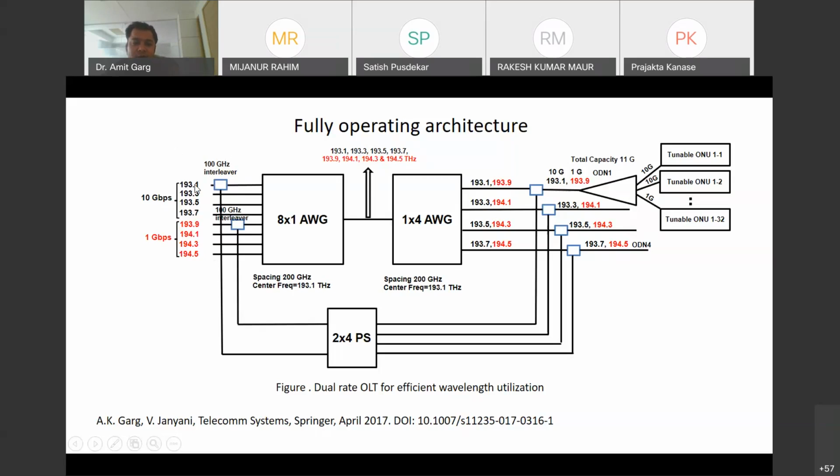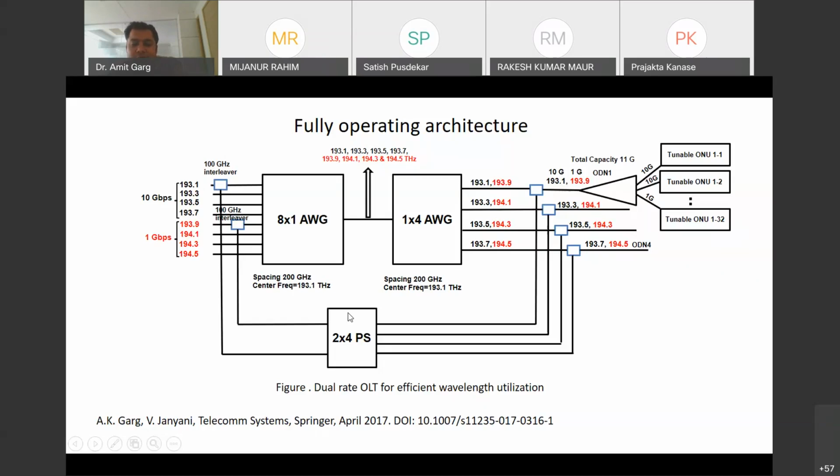So this 193.1 is odd, 193.9 is odd. So basically this interleaver is connected to, okay, so this 193.1 will come here. Okay, now if I just tune this transmitted wavelength to 193.2, then what happens? As this is an even multiple of 100 gigahertz, this wavelength will come towards this side.